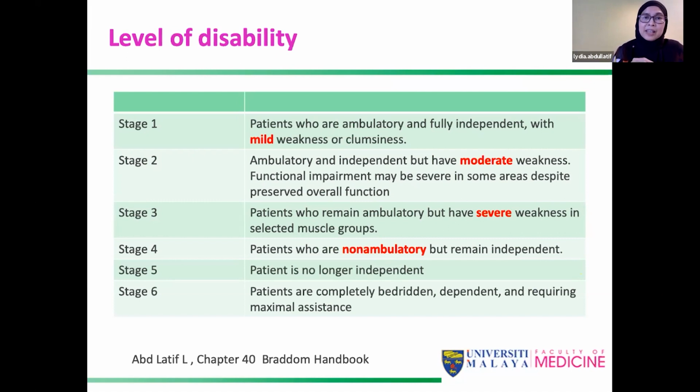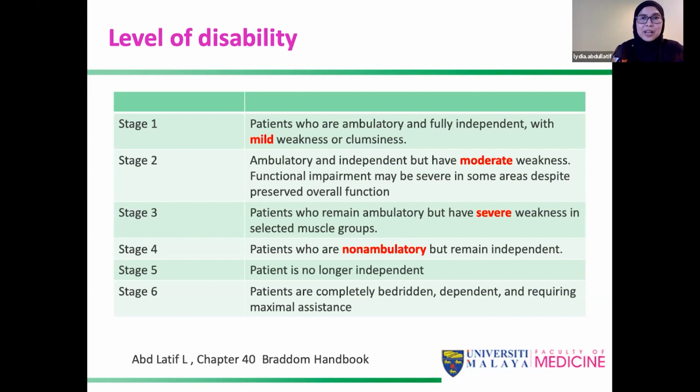All right, and their weakness will be categorized whether is it mild, moderate, or severe. Okay, so this level of disability is very important because it helps us to guide our rehabilitation management. Okay, so for PELS and CALS, you can look at which stage you are in for you to be able to source out the suitable rehabilitation management.